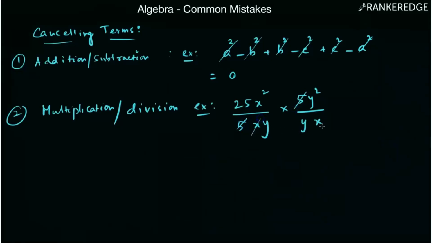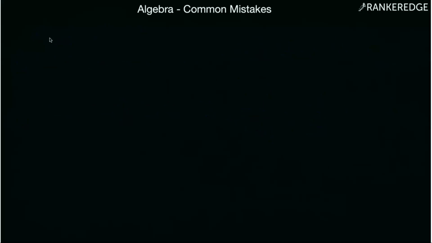And this x and this x is x square. This will cancel out x square in the numerator. This y and this y will cancel out y square here. And assume that I have one more 25 here. If this 25 cancels this 25, every term is getting cancelled in the numerator and denominator. This will give me 1. So essentially this is the difference that you need to understand in case of cancelling all the terms during addition, subtraction or multiplication, division. Let's look at some more examples.